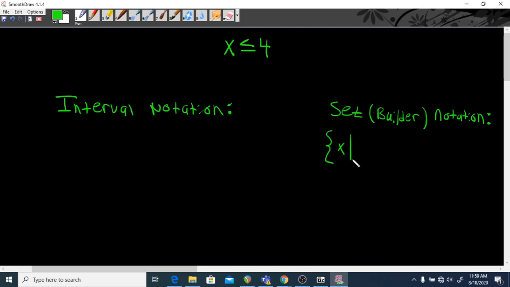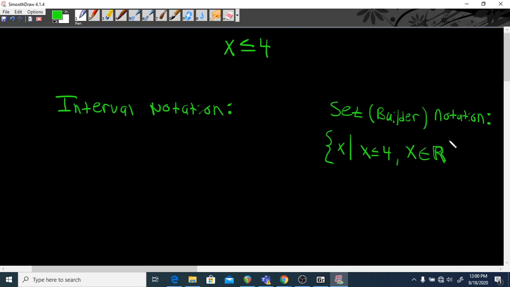So this vertical line is such that. And then we can just say X is less than or equal to 4. So it's the set of all X's such that X is less than or equal to 4. And then we have to say, well, X is an element of, and then the real numbers.